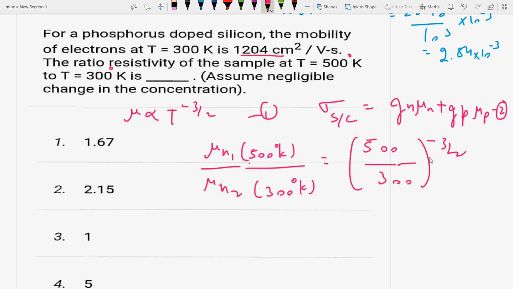Now ignoring the hole component in equation 2, we have conductivity sigma equal to q n mu n, because we have a pentavalent impurity phosphorus, and it is generally doped in an N-type semiconductor crystal.